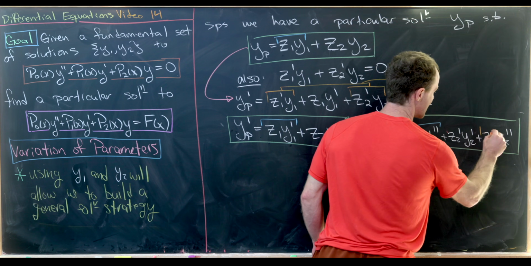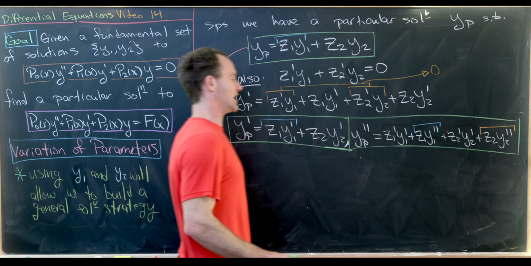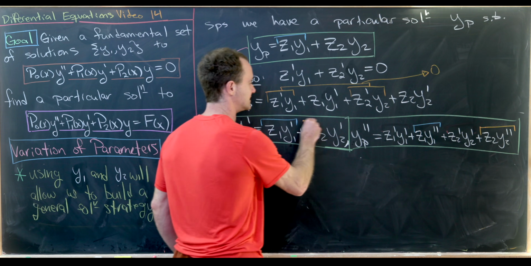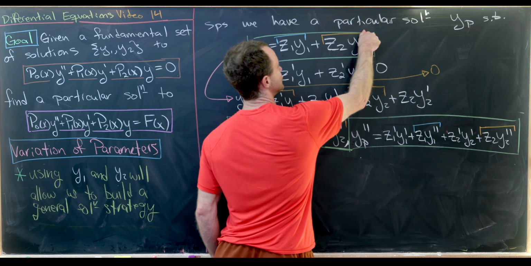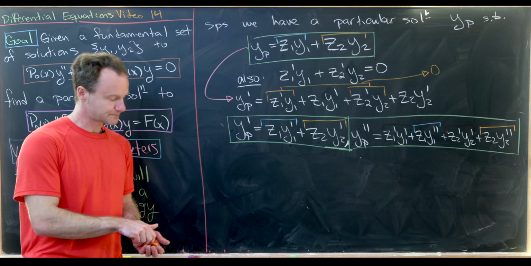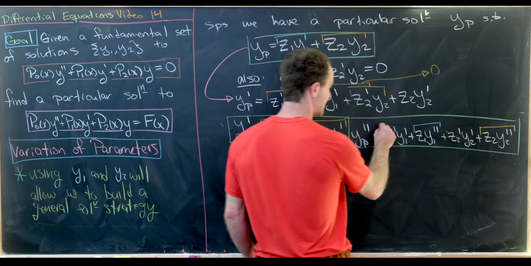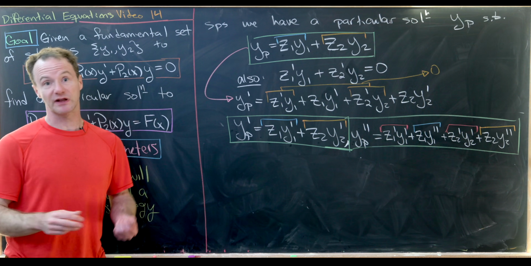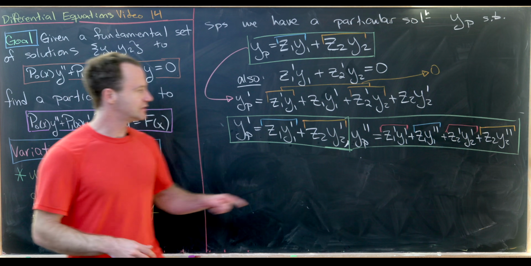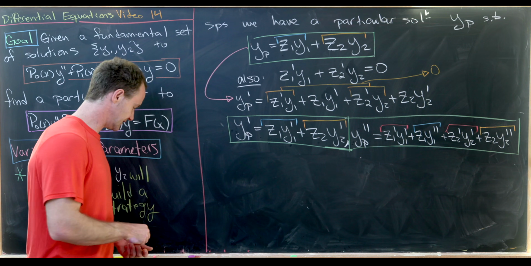So here I have a z2 term from yp double prime. I have a z2 term from yp prime. And then I have a z2 term from yp. And then finally in red, I'll overline everything else, which does not involve a plain old y1 and a plain old y2. It involves their derivatives.